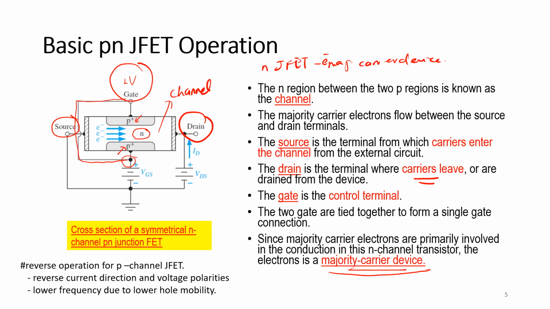For the P-channel JFET, the reverse operation is expected, in which the P and N regions are opposite, and the current direction as well as the voltage polarity are also in opposite directions. Basically for the P-channel PN junction FET, lower frequency is expected due to the lower hole mobility.